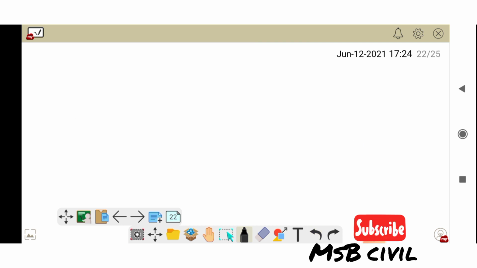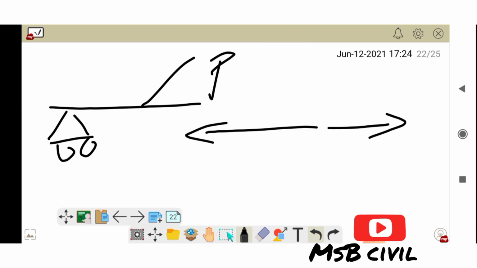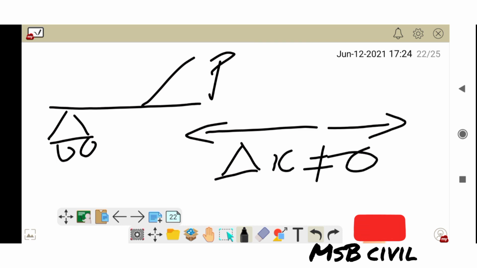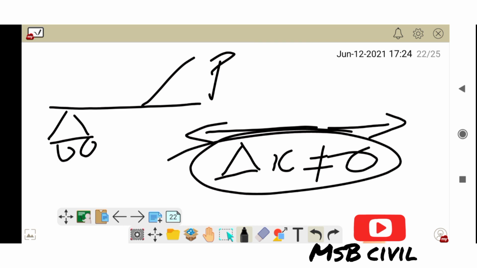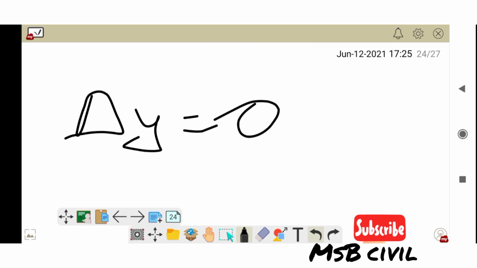I will explain again. If the load P acts, it displaces in this horizontal direction. Therefore delta x is not equal to 0, as the reaction is not restraining, but the vertical reaction is occurring, so delta y is equal to 0.